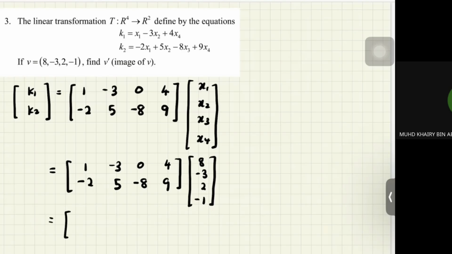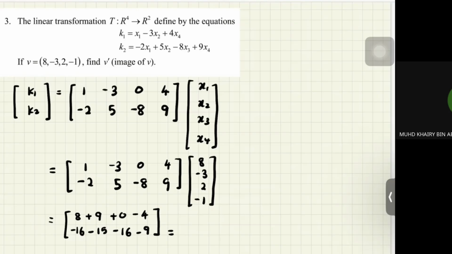You will get 8, 9 plus 9 plus 0 minus 4, then minus 16 minus 15 minus 16 minus 9.